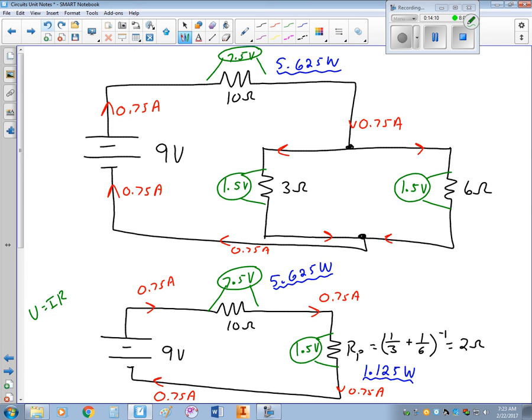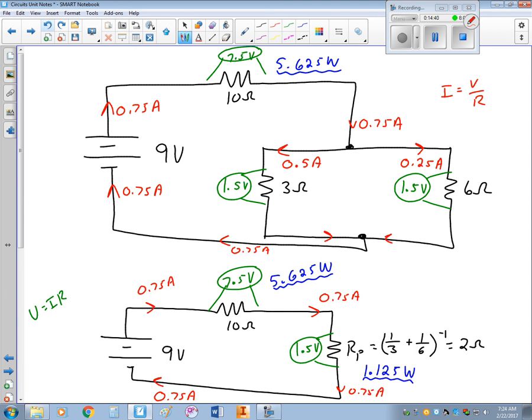And now for the current, I equals V divided by R. So if I do 1.5 divided by 3, that gives me a current of 0.5 amps. And if I do 1.5 divided by 6, that gives me a current of 0.25 amps. And notice that 0.5 plus 0.25 gives me my 0.75.